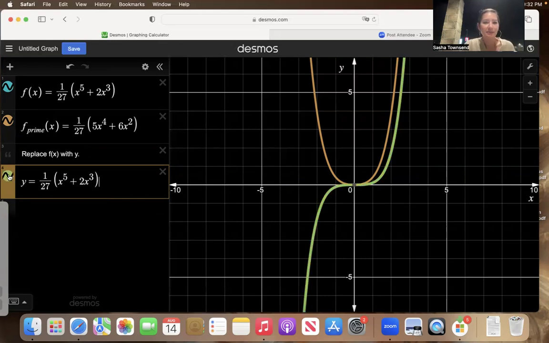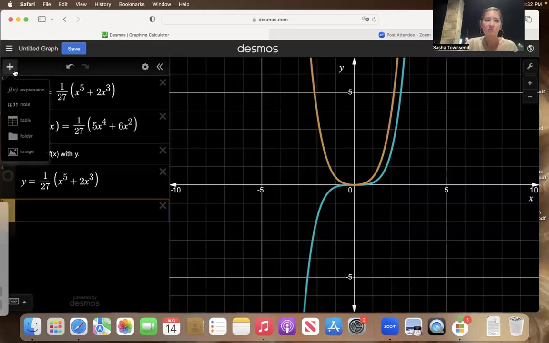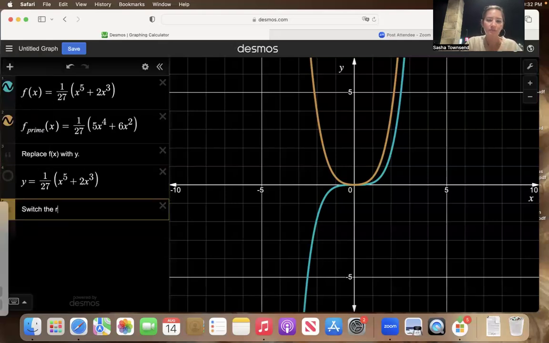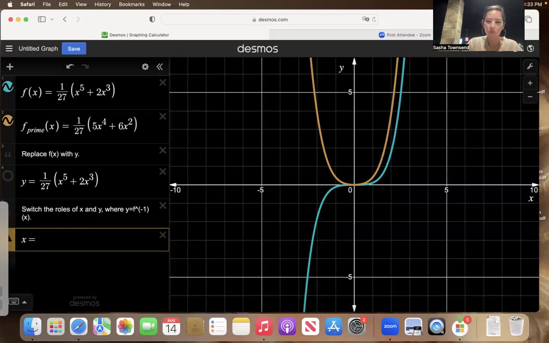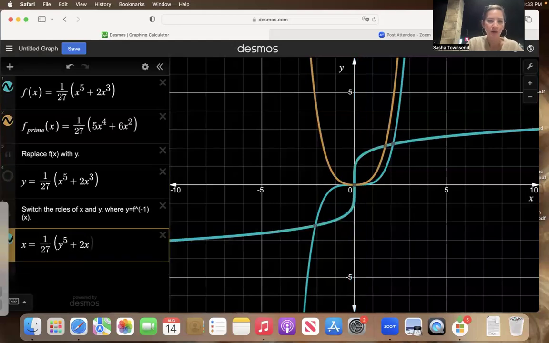And we see it's the same as the original graph. We haven't changed anything. But then we're going to switch the roles of x and y. As soon as you do, that y is not the same y as before. It has the same values as before, but now that y is no longer y equals f of x. We're going to call that y equals f inverse. So I'll have x equals 1 divided by 27 times y to the 5th plus 2y cubed.